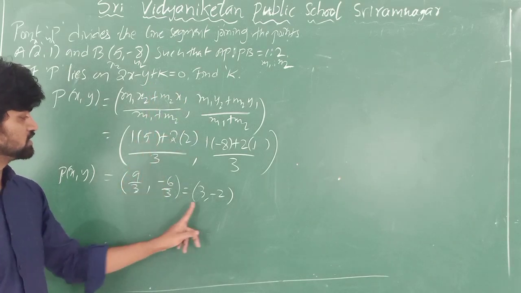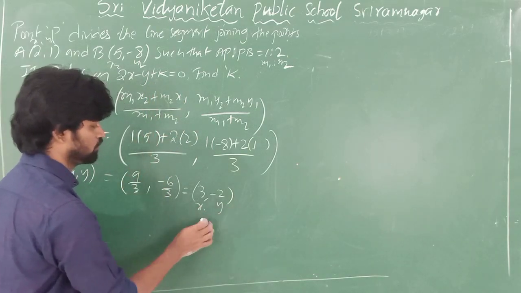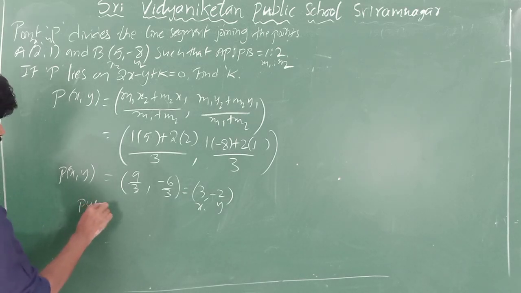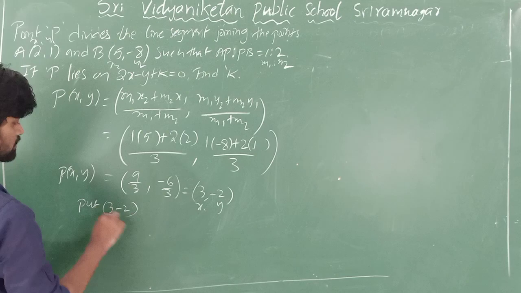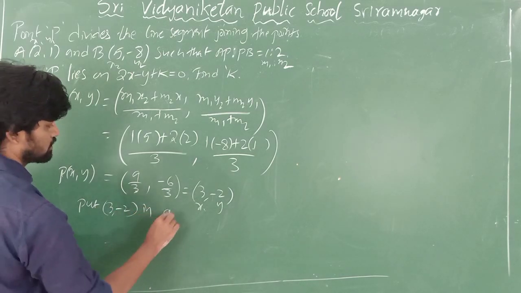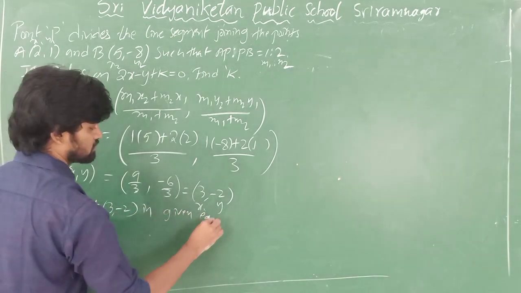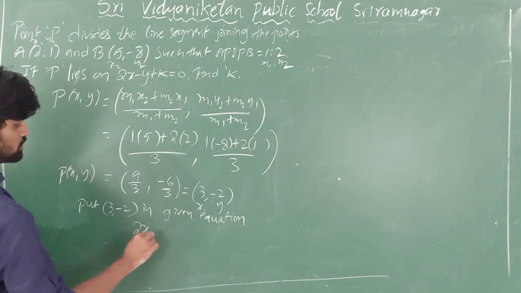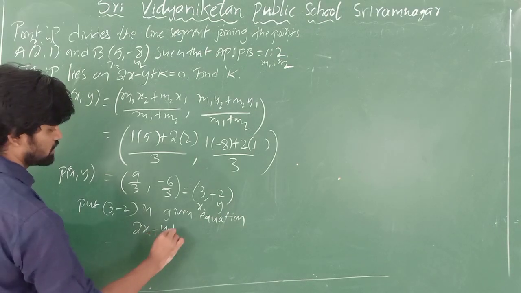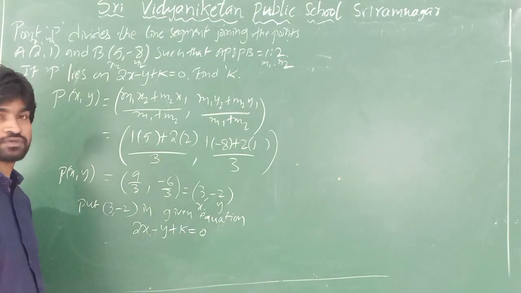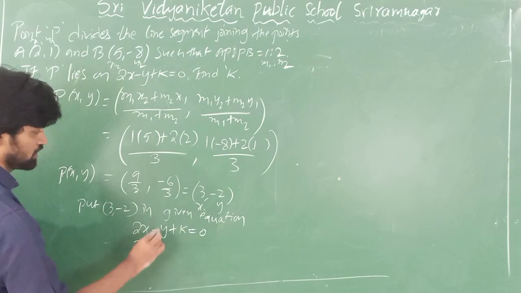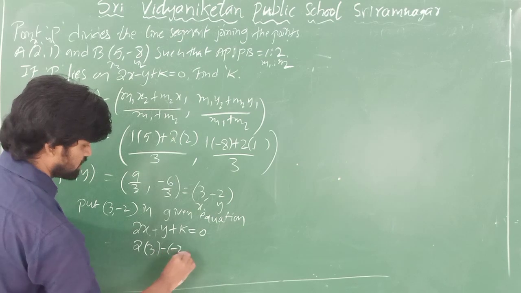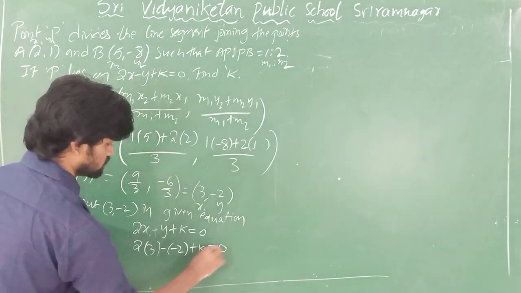So put x and y, 3 comma minus 2, in the given equation 2x minus y plus k equals 0. 2 into 3 minus minus 2 plus k equals 0.